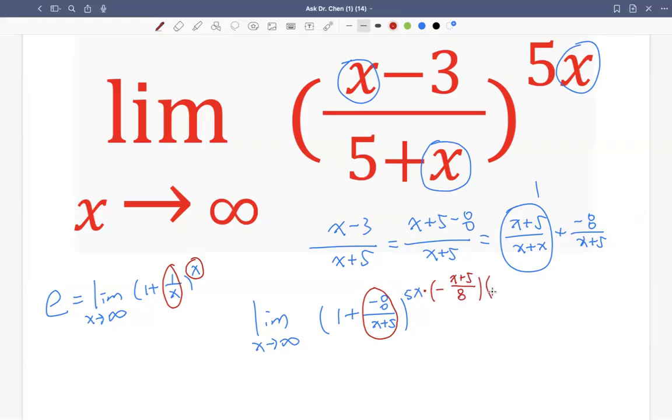then we can only multiply by 1. So we'll have to multiply by negative 8 divided by x plus 5, because those two terms will multiply to be 1. So 5x multiplied by 1.